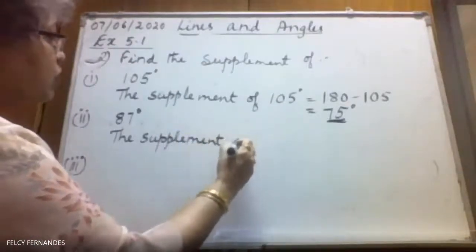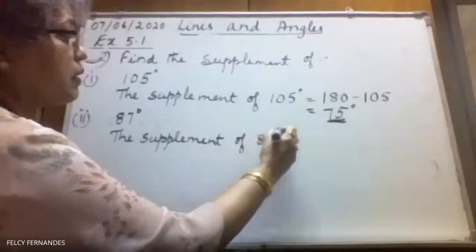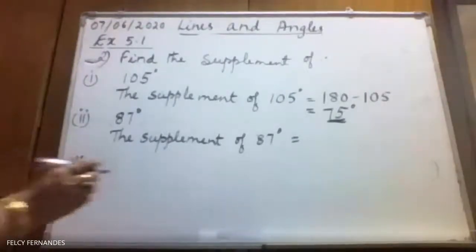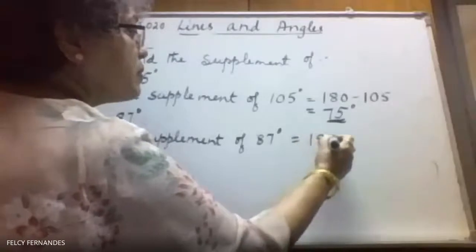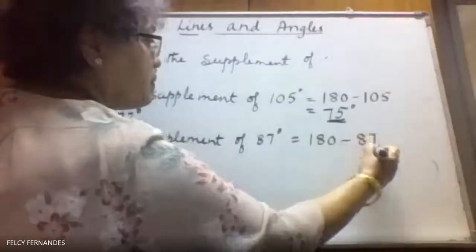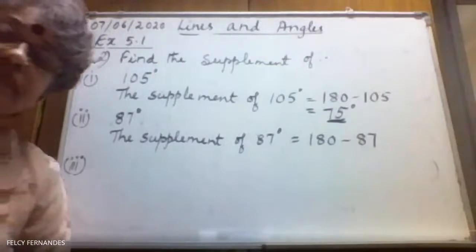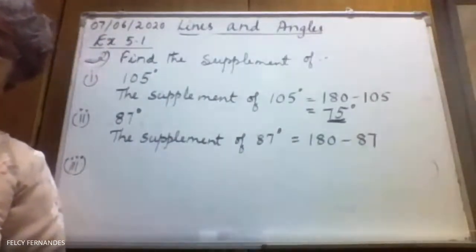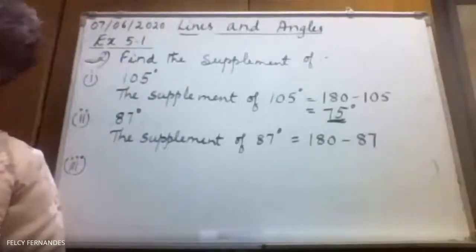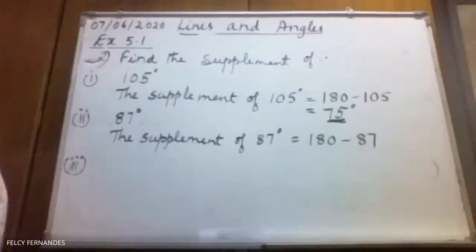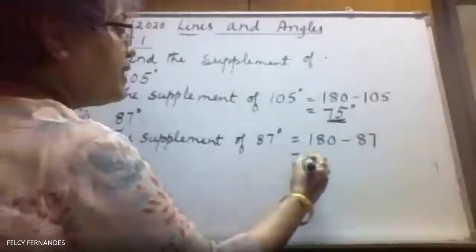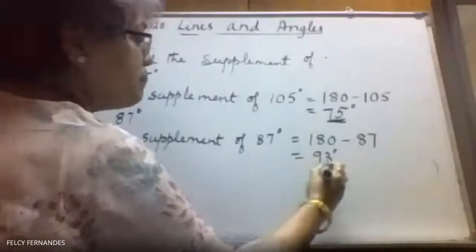The supplement of 87 degrees, 180 minus 87. Subtract properly. And you get the answer as 93 degrees. You can just check your answer.